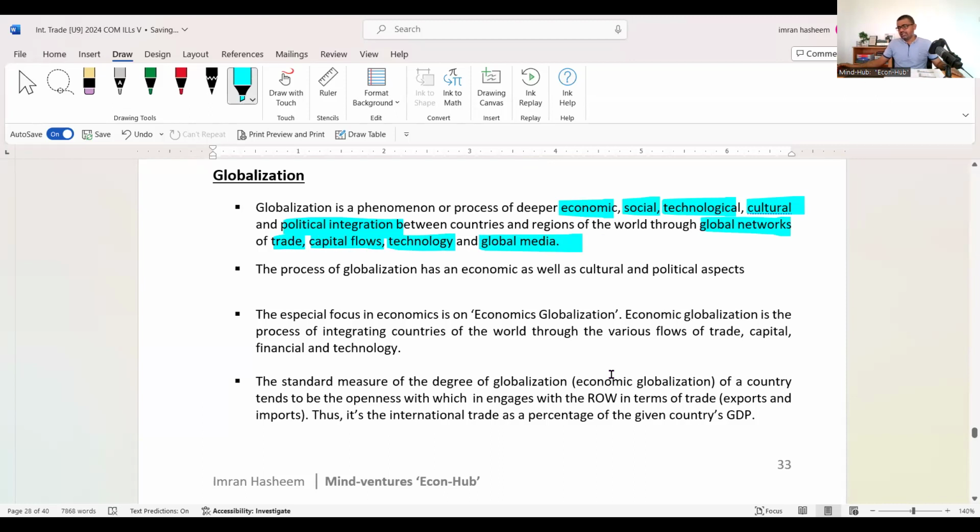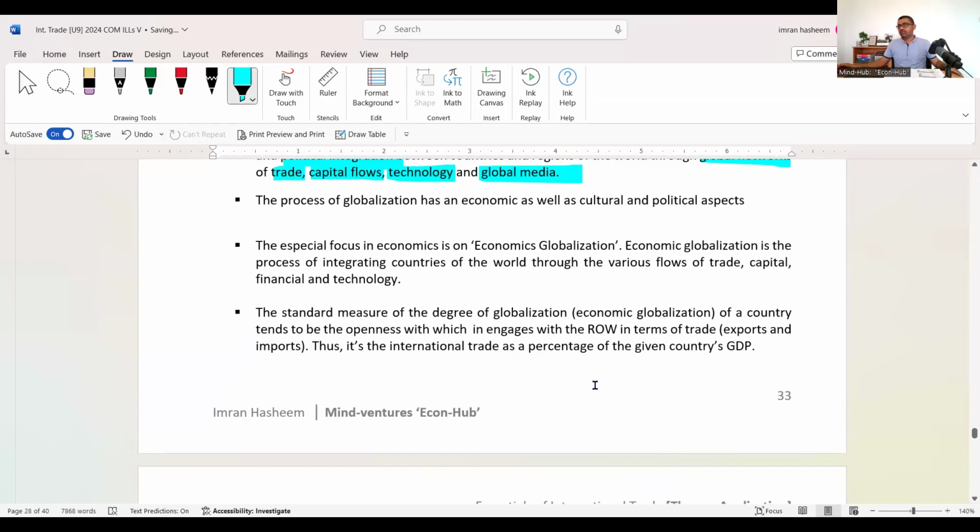The process of globalization has an economic as well as a cultural and political aspect to it. It's not only economic, it has a cultural political aspect to it. The specific focus in economics is on economic globalization. So what is economic globalization? Economic globalization is the process of integrating countries of the world through various flows of trade, again, a big thing, capital, and financial technological activities.